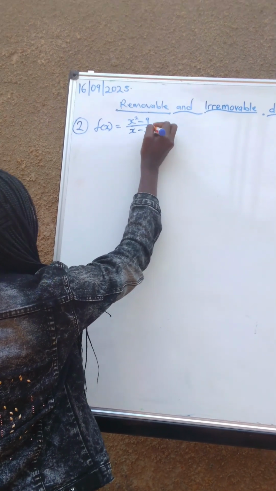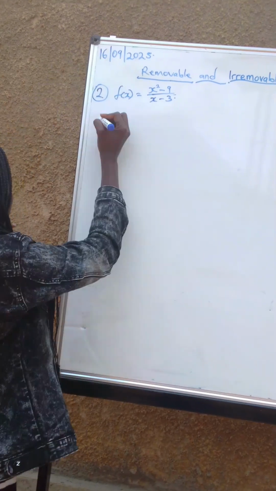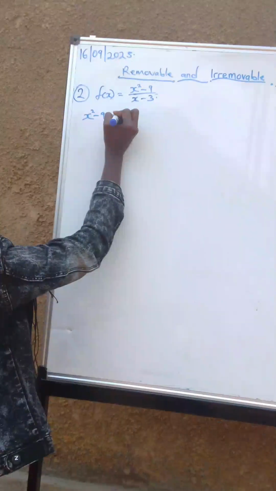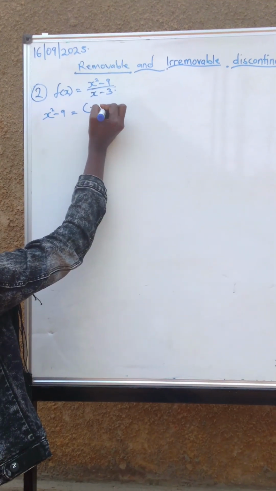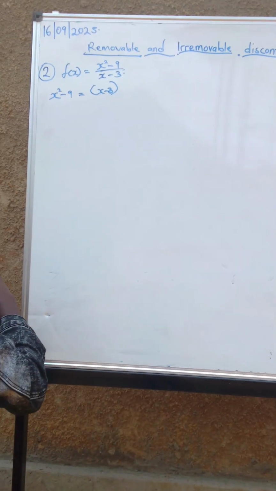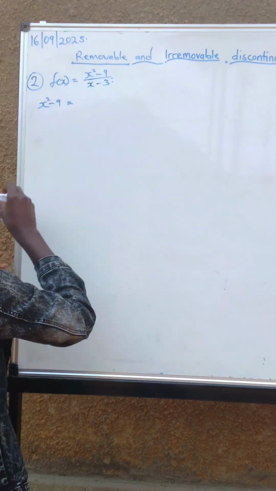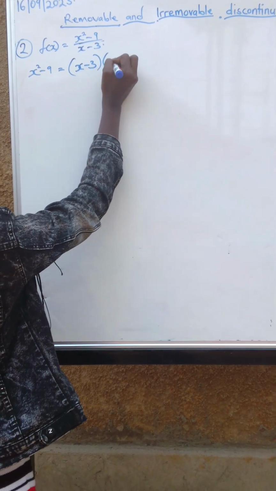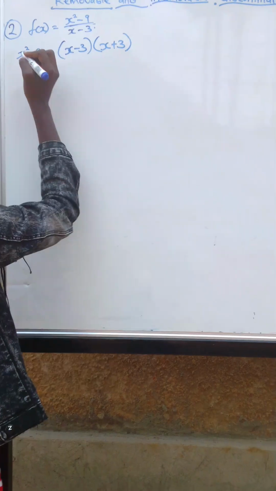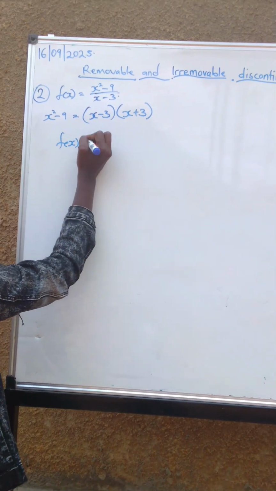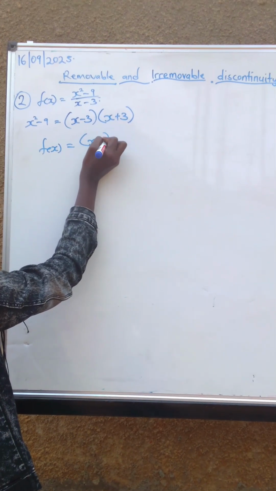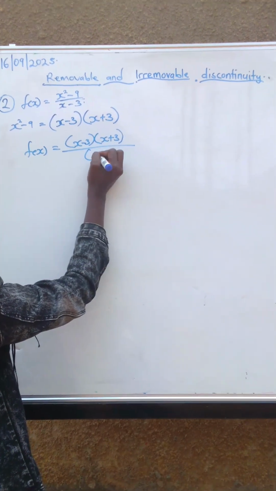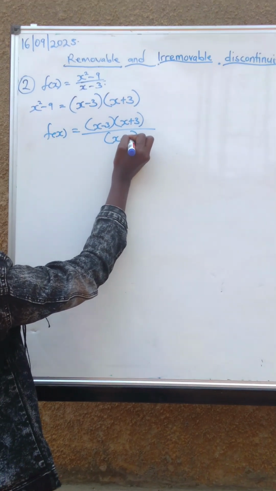Here we take the difference of two squares, then we have two factors: x minus 3 times x plus 3. Putting it in our function, we get x minus 3 times x plus 3 over x minus 3.